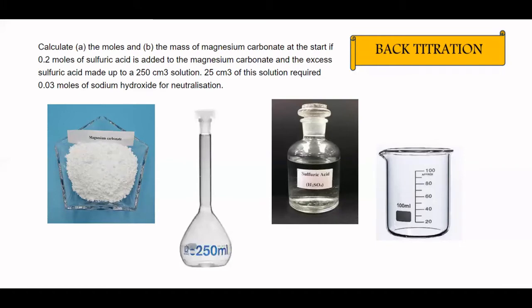Now, one thing to notice here is that the question states it is 0.2 moles of sulfuric acid which is added. It is not a stated concentration. Magnesium carbonate is a base, sulfuric acid is an acid, so acid-base neutralization happens, giving salt and water, and because it is a carbonate, carbon dioxide also will be formed.